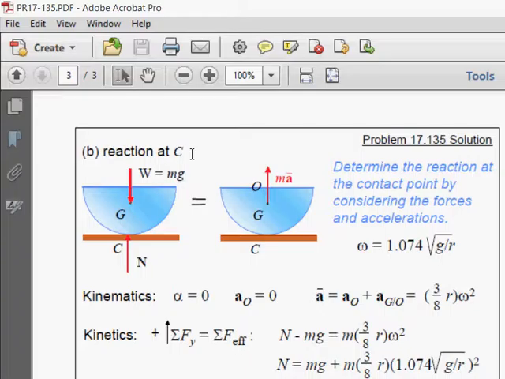The other one is mg plus 3/8 times r times 1.74 times g over r. What is significant here is that the normal is 1.43 times the weight of the car.